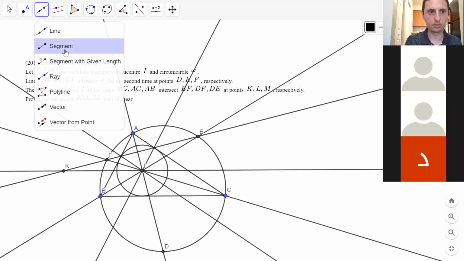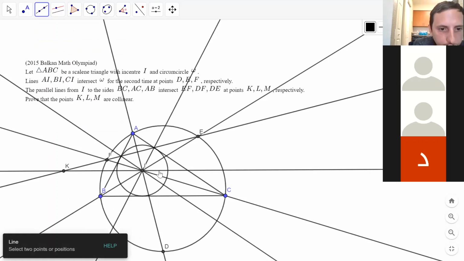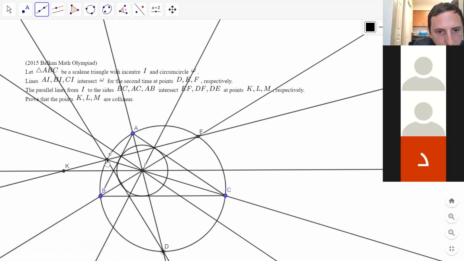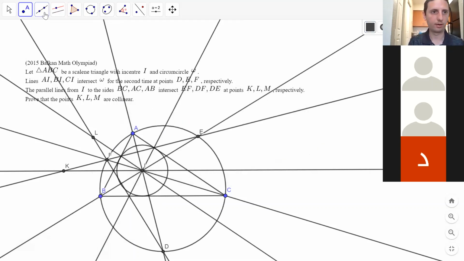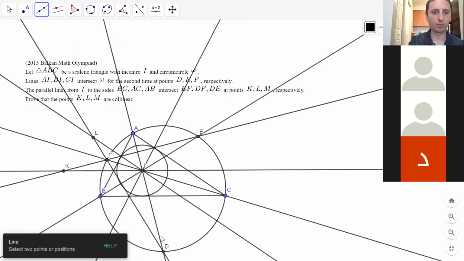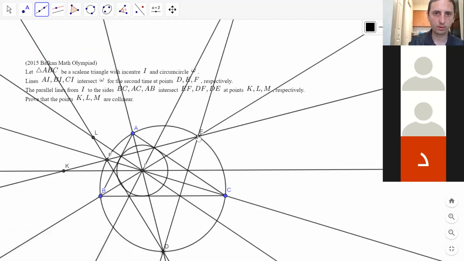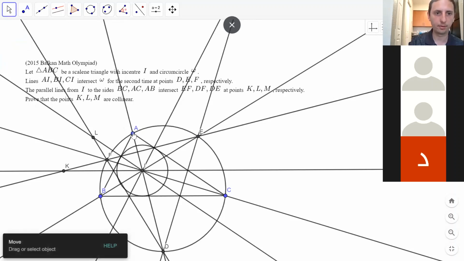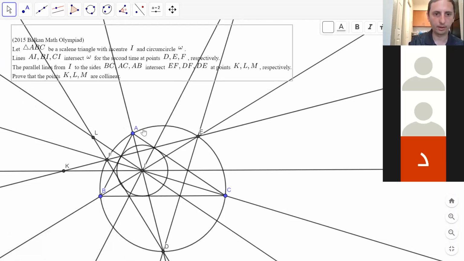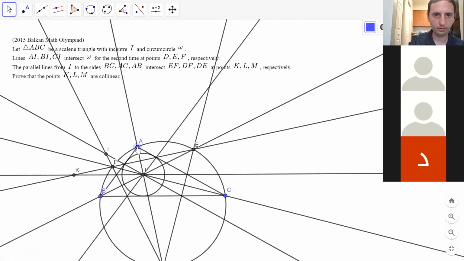And DF, this is L. And then this other point might be kind of far away. So let's see. Yeah, so that's off the screen. But that would be M. And we want to show that K, L, and M are collinear.